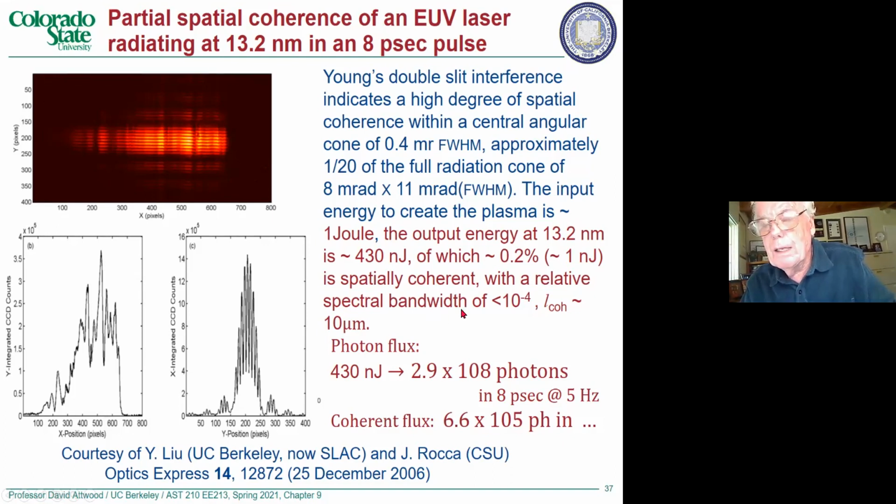And the bandwidth, again, set by the transitions, is about 1 part in 10 to the minus 4, which gives a coherence length at this wavelength of about 10 micron. And the photon flux, this 430 nanojoule per pulse out, corresponds to 2.9 times 10 to the 8 photons.